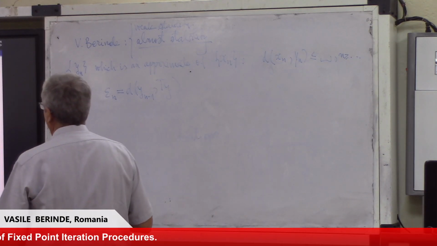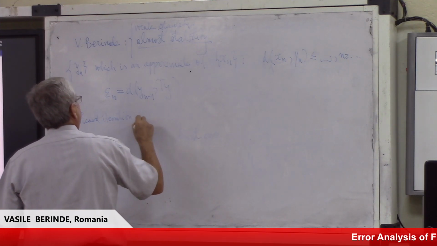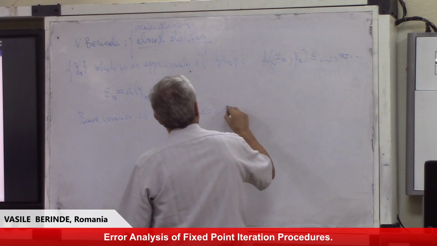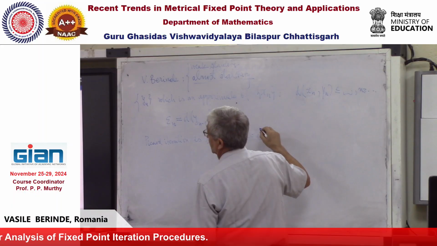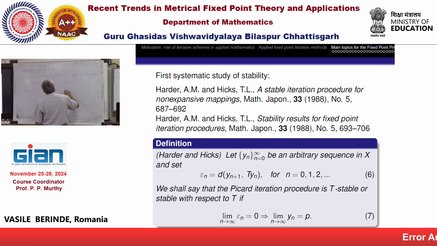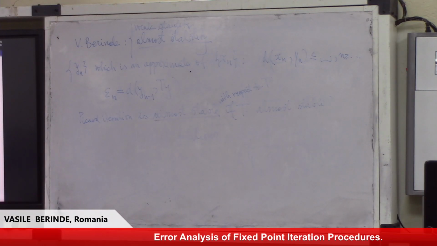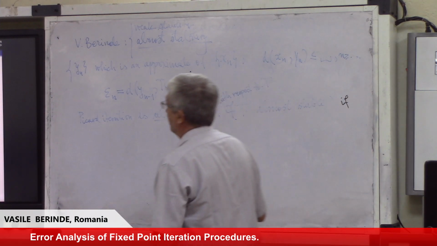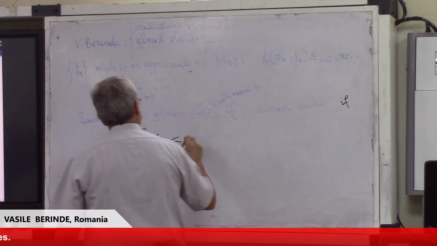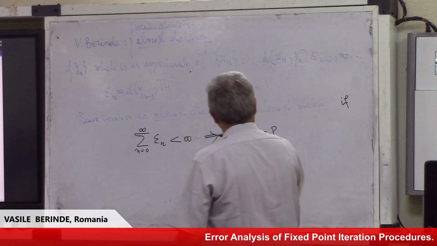The definition is that this Picard iteration is almost stable with respect to T, or T almost stable, if the sum of epsilon n converges, implies limit of yn is p. This is almost stable convergence.